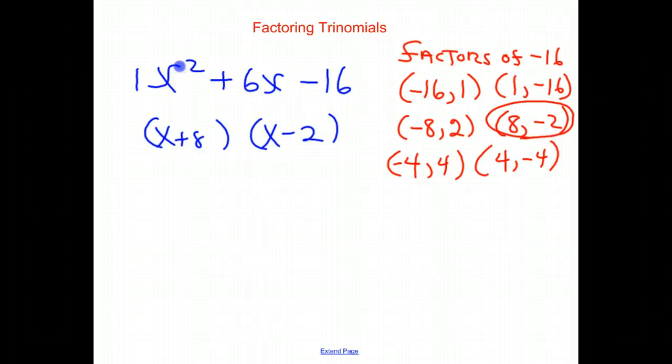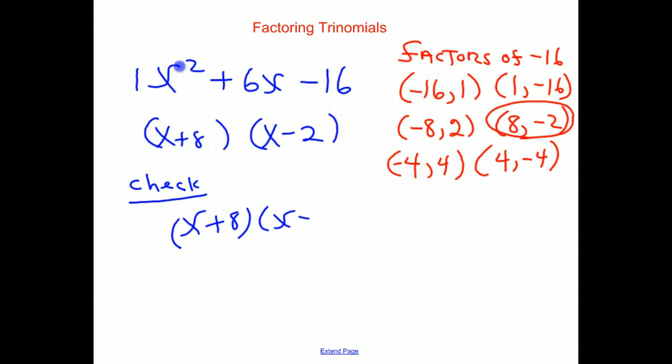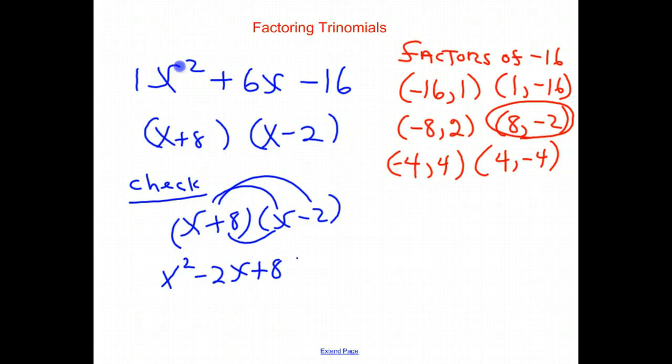We can check easily enough. Let's use FOIL. X plus 8 times x minus 2. X times x is x squared. X times negative 2 is negative 2x. 8 times x is 8x. And 8 times a negative 2 is negative 16.